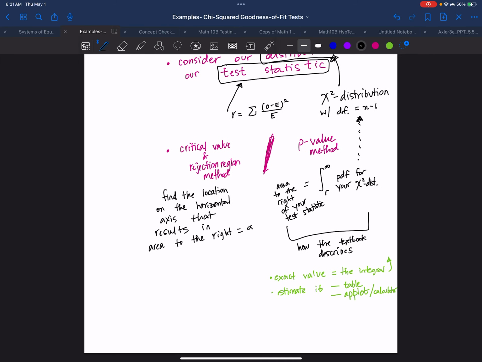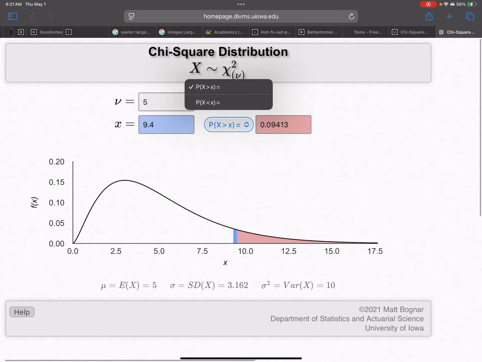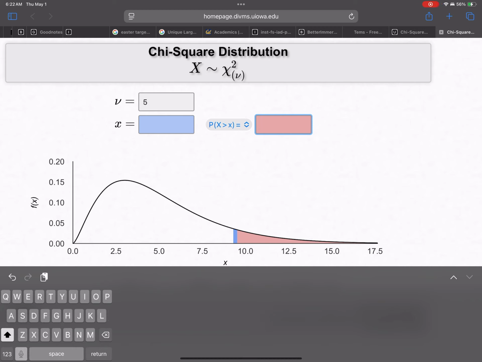So in this case, we would want the area to the right to equal alpha, and the cutoff is 11.07.